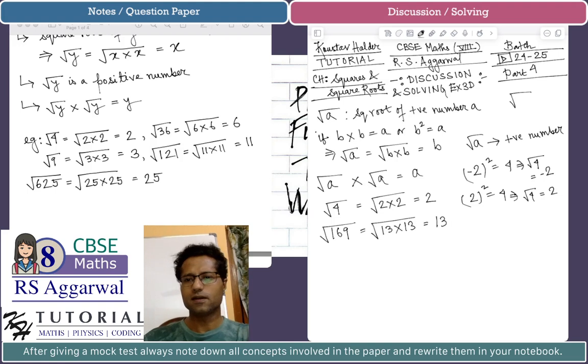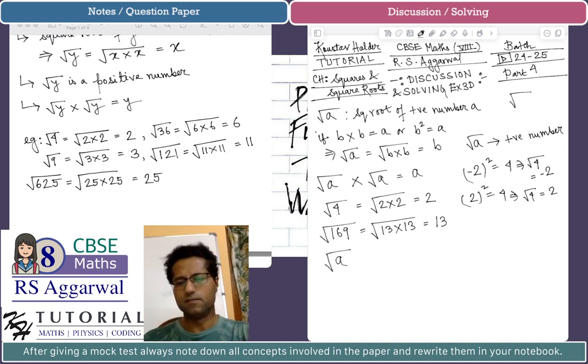In fact, the square root of any number has two values. One is positive and one is negative. But wherever in mathematics we use the symbol square root of a, we always in general mean the positive value. So in your class you will always consider that the square root will be a positive value.